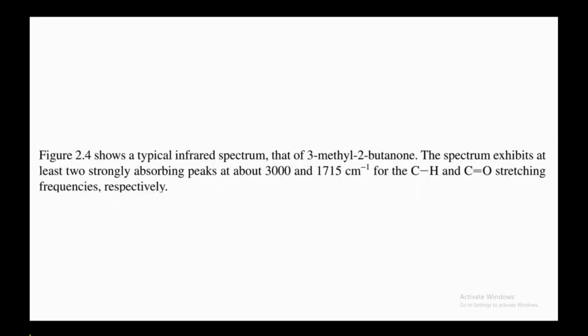Figure 2.4, as you know, I'm following the Pavia book, Introduction to Spectroscopy. If you already have that book, you can open it, and I'm explaining the points from that book. The figure shows a typical IR spectrum of 3-methyl-2-butanone. The spectrum exhibits at least two strongly absorbing peaks, at 3000 and 1750.